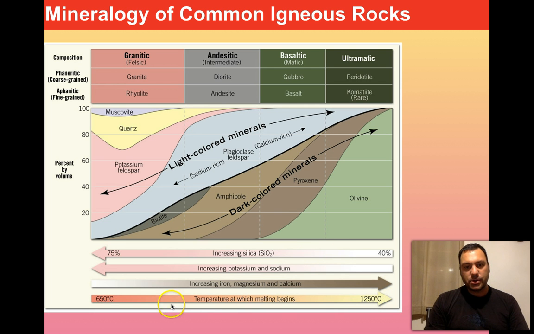So this temperature bar down here at the bottom, 650 degrees Celsius, is the melting point for rocks of this composition, which is a large amount of quartz, a large amount of potassium feldspar, but not a whole lot of mafic minerals. It melts at about 650 degrees Celsius. That's the temperature at which it starts to melt, right? It doesn't completely melt away, but it starts to melt at that temperature.